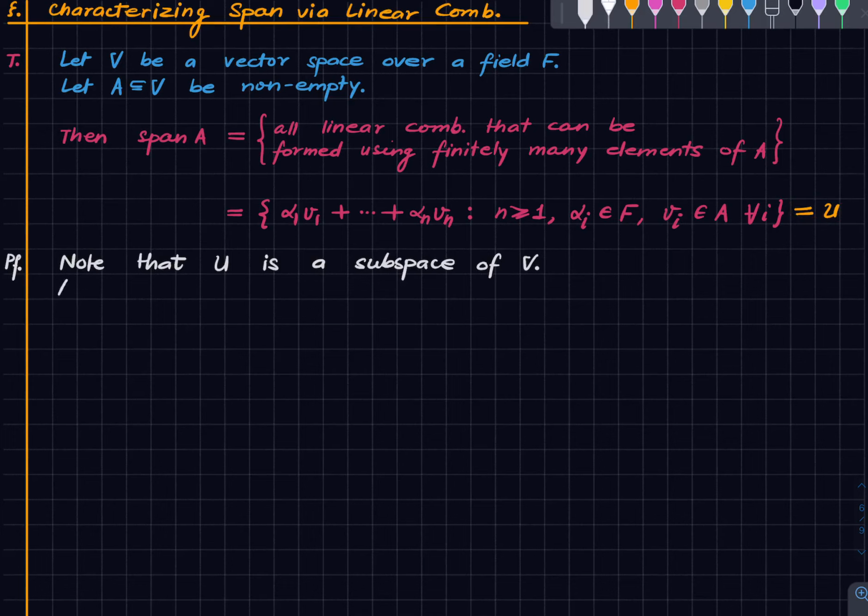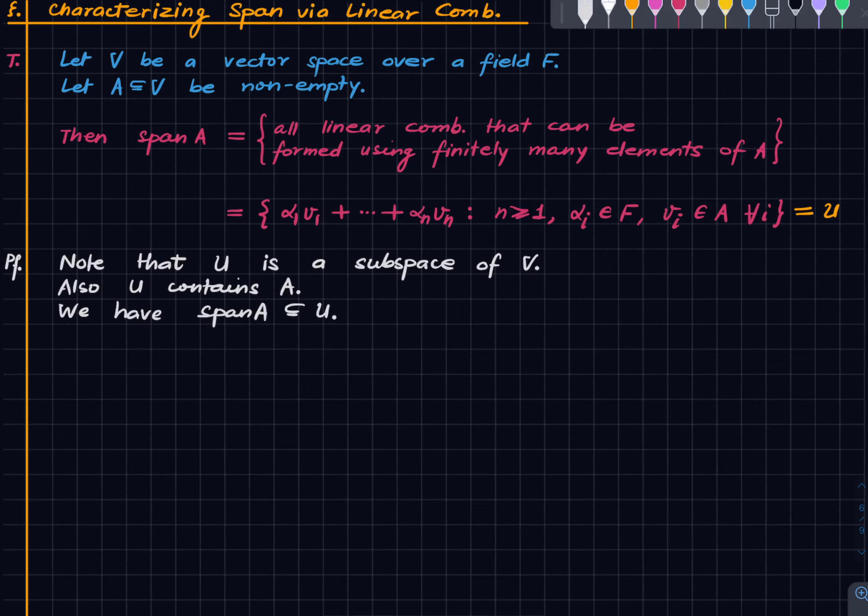Also, U contains A, because if you have a vector v in A, you just consider this linear combination 1 dot v. So definitely this subspace contains A. And therefore, since span A is the smallest subspace containing A, we have span A is contained in U.